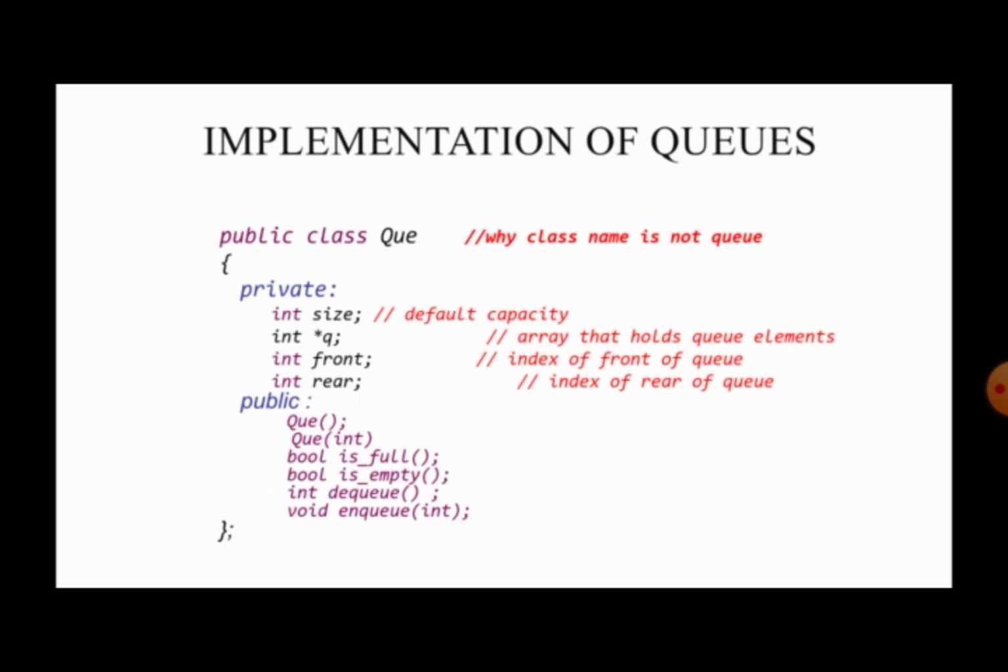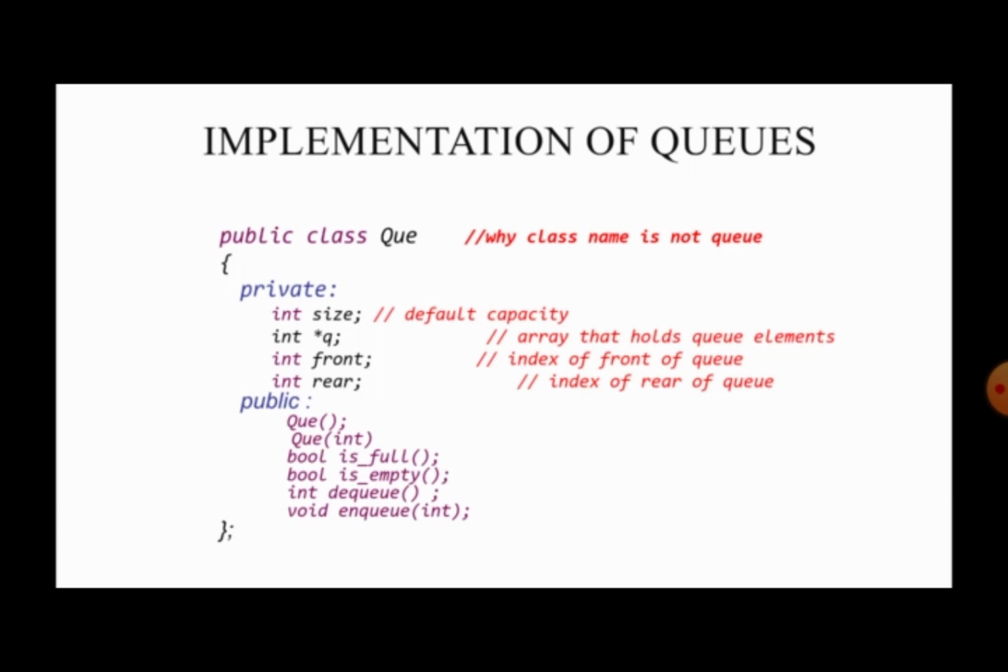The class name which we are discussing in the example is renamed as QUE, because if we assign the name as Q, then most of the compilers give an error, as there is already a class of stack and queue in different compilers.